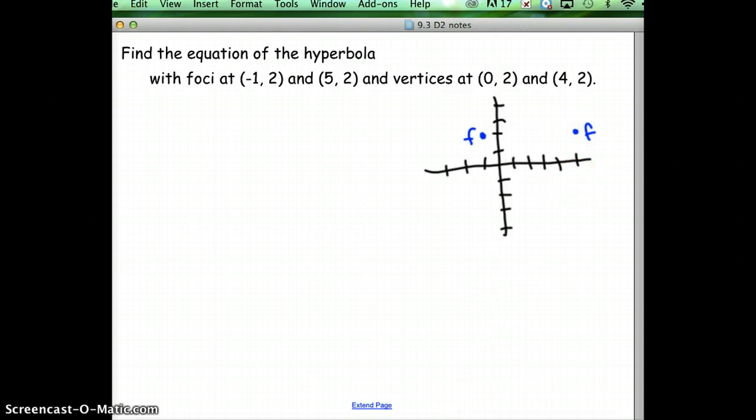And then I have vertices at (0, 2) and at (4, 2). So based on that configuration, I know that it's opening right and left. And I also know that my center would be smack dab in the middle of those, so that would be at (2, 2).